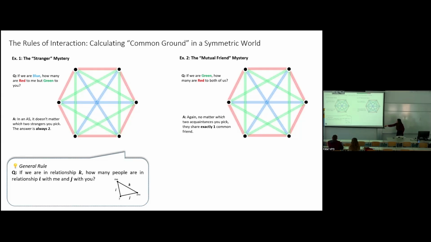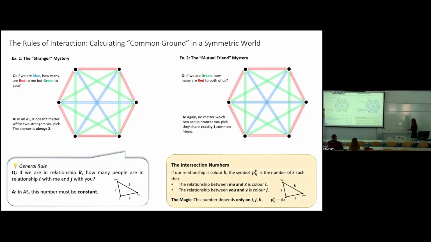Since we are dealing with an association scheme, and these examples should convince us, you should do it for every one of these triples. In an association scheme, this number is constant. It's always the same, whatever the pair that I start with. But let me say it better: what we are actually dealing with are intersection numbers.